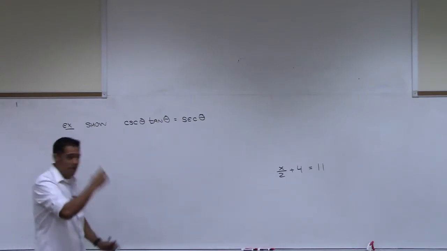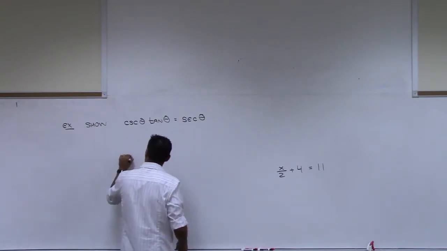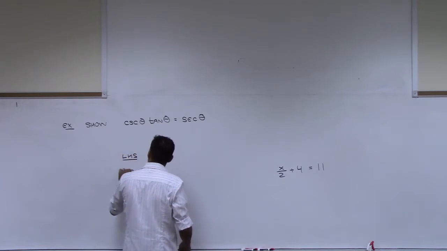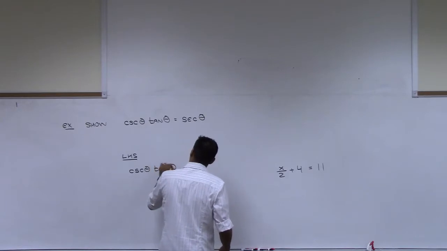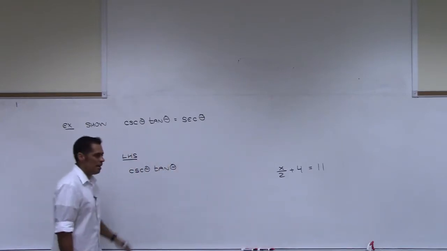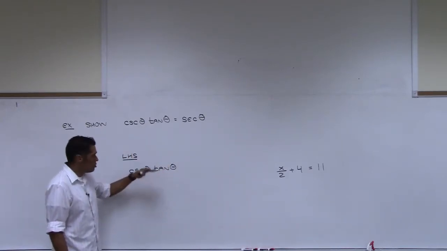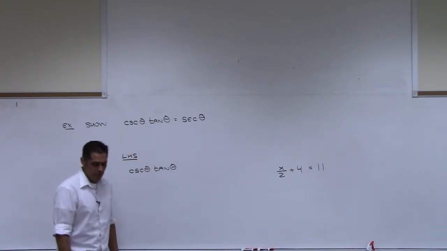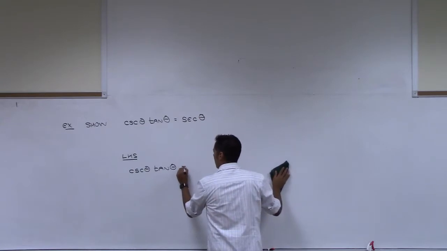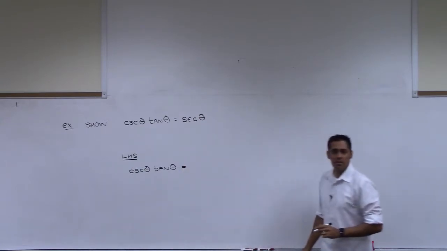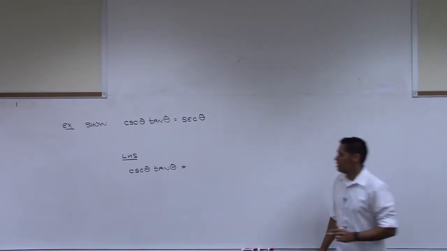So I'm going to start with the left-hand side. I write LHS for left-hand side. I write down the left-hand side, and now I do not write down equals secant theta. I'm just going to take this expression and try and turn it into secant theta. So we know a little bit about these functions, right? Cosecant is 1 over sine. Tangent is sine over cosine, right? So I'm going to write that down.